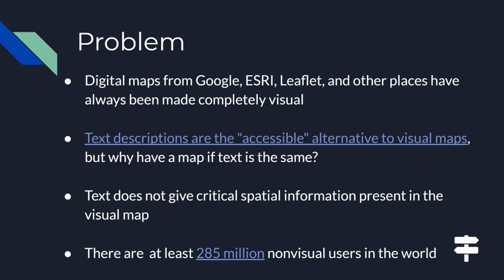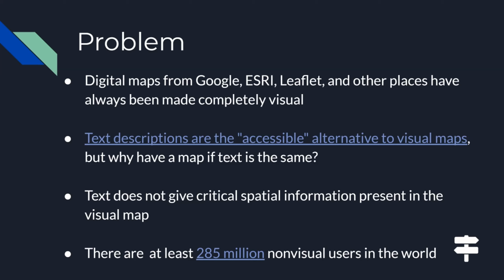There are some problems with these, not least of which is that 285 million people in the world can't utilize those maps, because they're not non-visual. Currently, the WCAG guidelines say that you can use a text description. But there's a huge problem with text descriptions in that the whole fields of cartography and data visualization arose because text descriptions were not adequate.